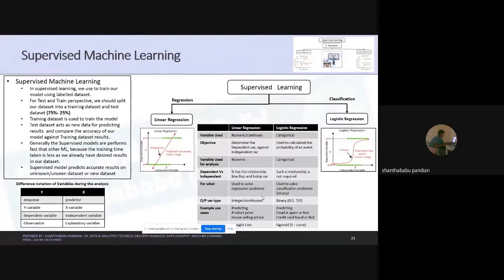The petrol price was given, and I'm predicting whether in the next 10 days the petrol price is going to be increasing or stable. I have a set of values for petrol for the last 10-15 days till today.